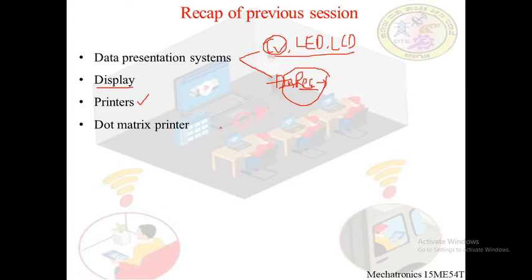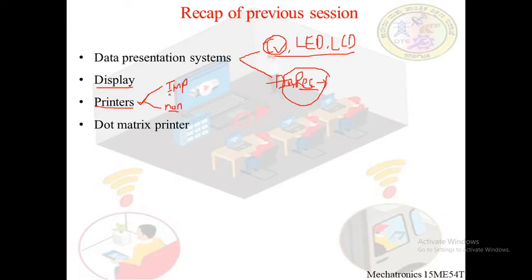Printer is one form of recorder which records the digital data in the printed format. We saw printers are mainly of two types. One is the impact type, another one non-impact type.